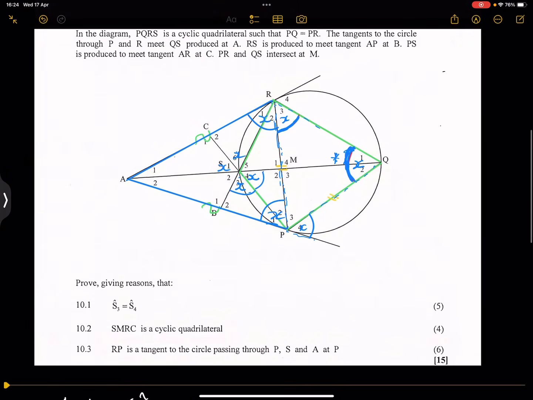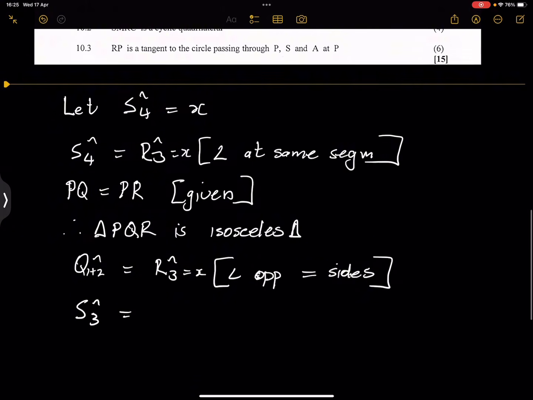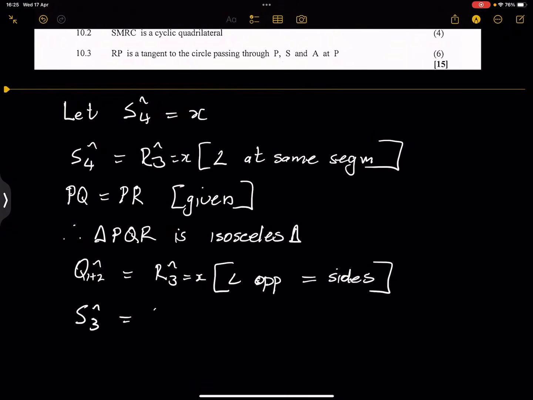And then what did we note? Now that we've got that angle to be equal to x, right? So remember, how did we now get to S3? So S3 will now be equal to that Q1 plus Q2, right, which is equal to x.